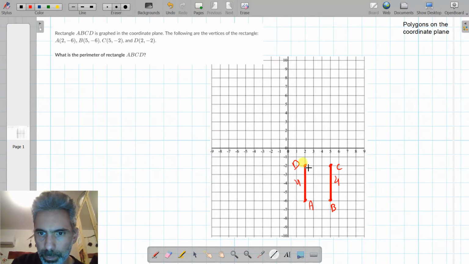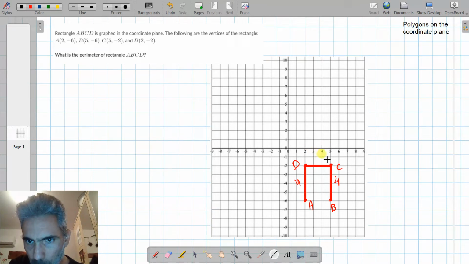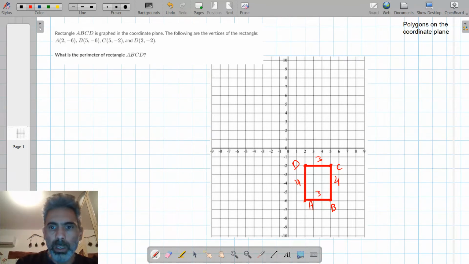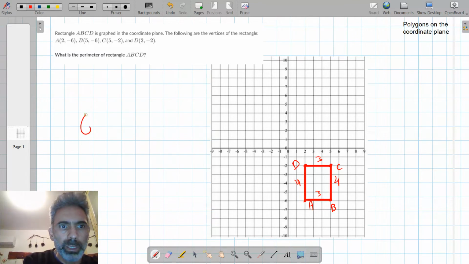For segment CD, the difference between the x of point C, which is 5, and the x of point D, which is 2, is 3. The distance here is 3, so segment CD has a length of 3, and the length of segment AB is also 3.